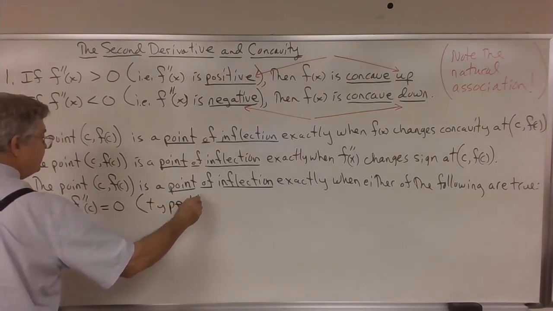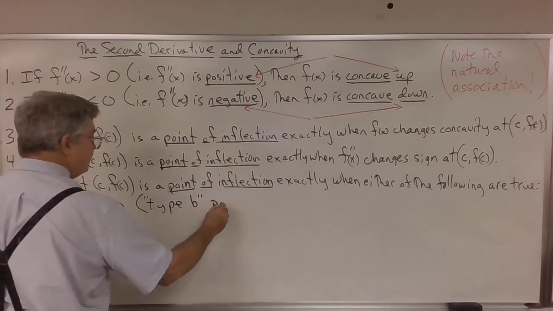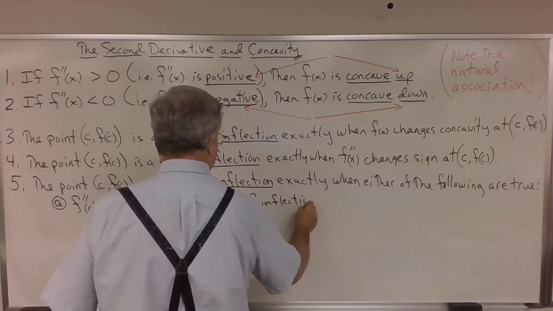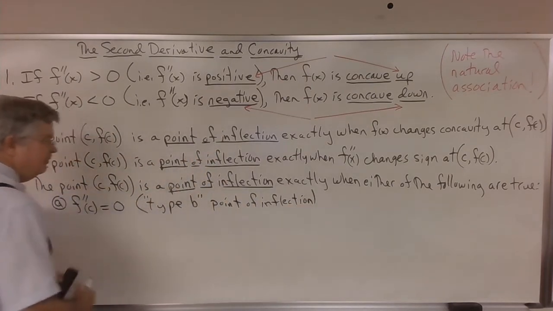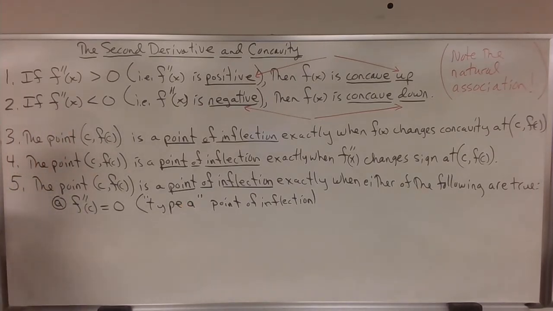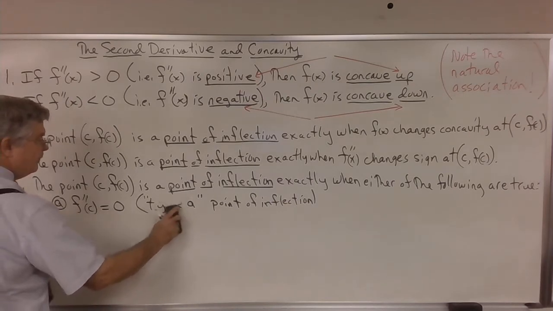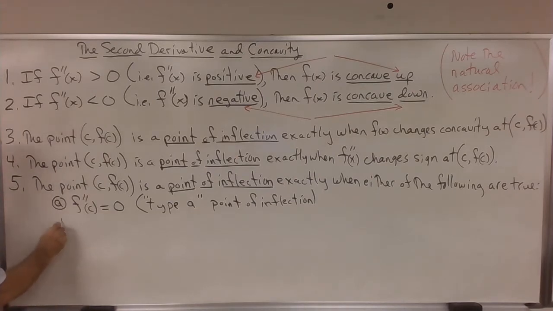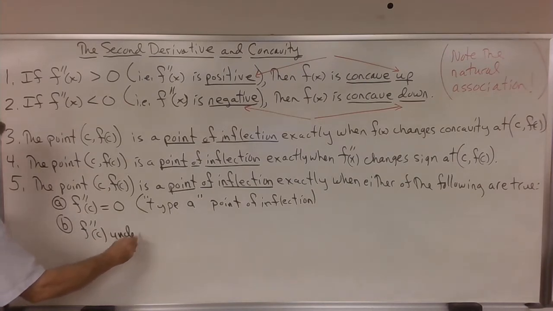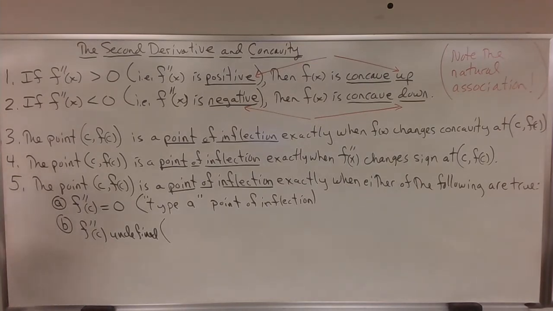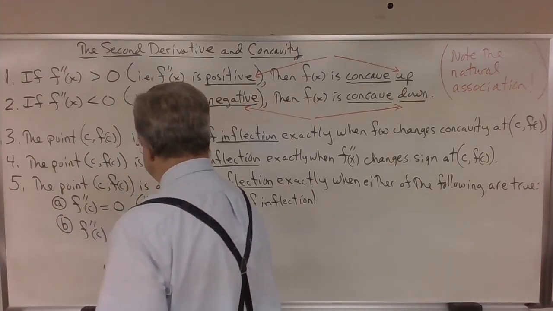Excuse me, it's getting late. Type A point of inflection. Second derivative 0, type A point of inflection. Now, it is possible that the second derivative is undefined. And in this case, x equals c is a type B point of inflection.